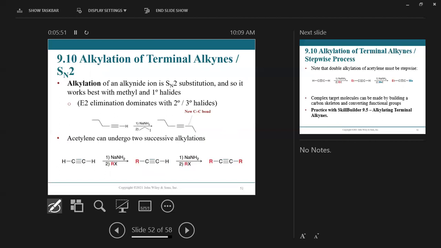So alkylation of an alkynide ion is an SN2 substitution, and so it works best with methyl and primary halides. If you get something more than that, then the E2 elimination dominates. Acetylene can undergo two successive alkylations.